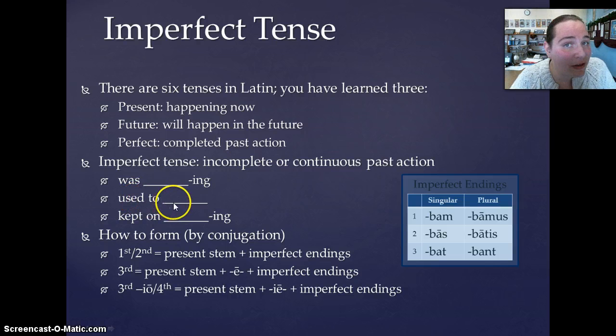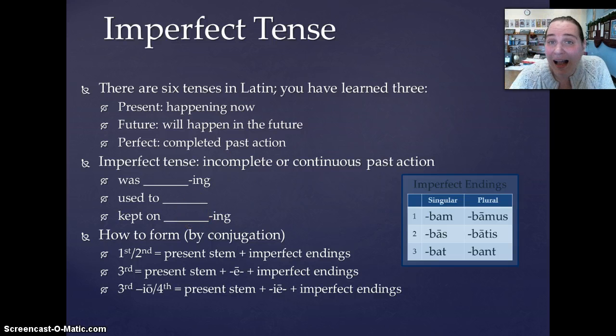Used to love is another acceptable translation of the imperfect. One that a lot of textbooks and translators use, which is not my personal favorite but is acceptable, is kept on loving, because it gives you the idea that the action that happened in the past was continuous, that it happened over and over and over again.